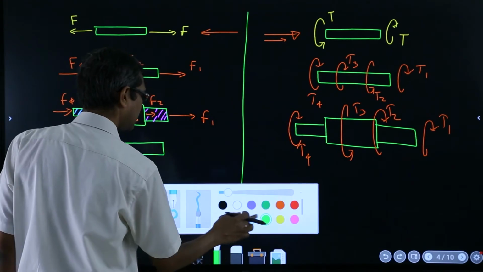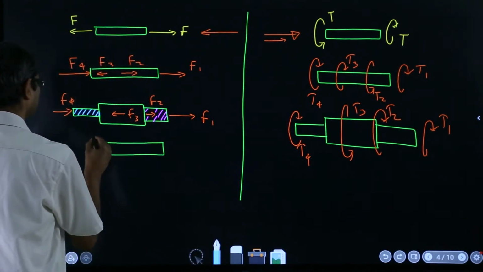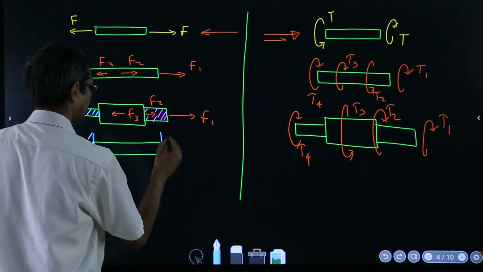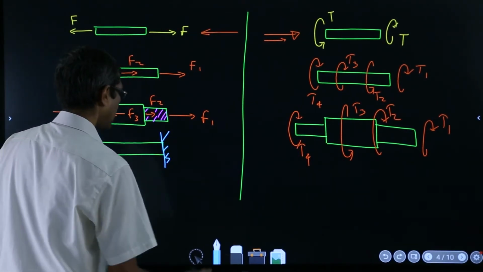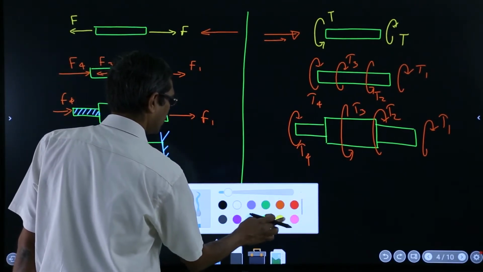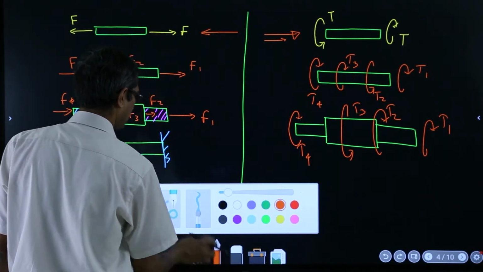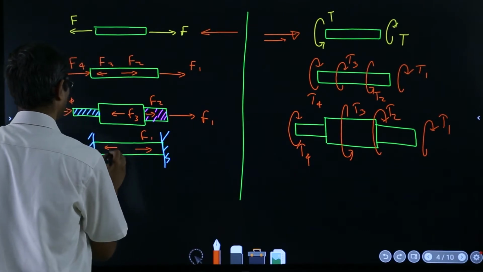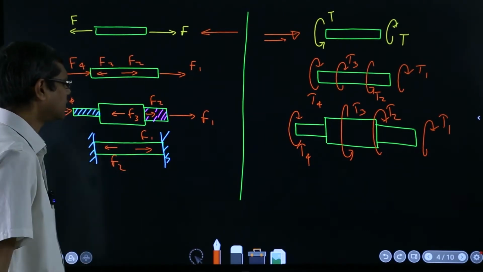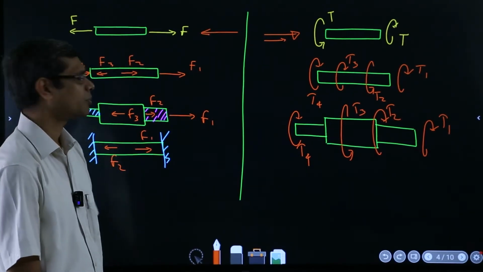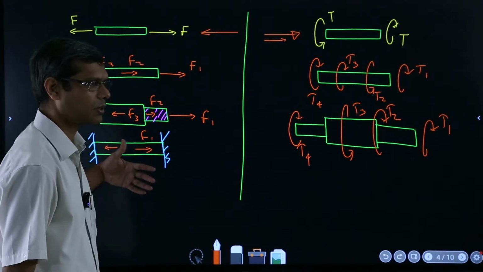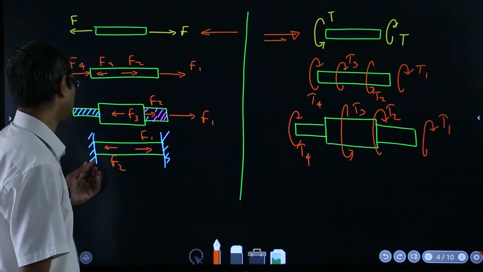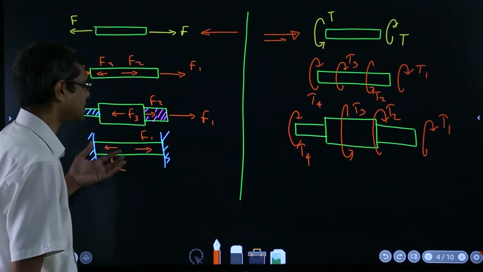Then you will see problems like one major configuration, the statically indeterminate problem, and then you have, say, forces here. The thermal stresses and all, I'm not putting them into this configuration list because that's a reason for the stress being developed.